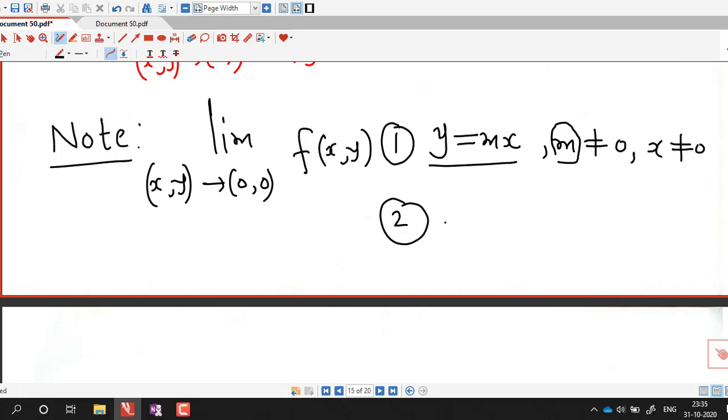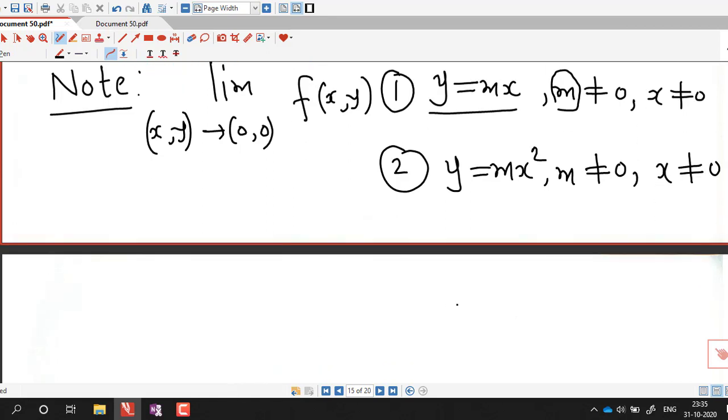Now if the answer does not depend on m, then we will check along y equal to m x square, which is a parabola, where m is non-zero and x is non-zero. If the limit depends on m, then the limit does not exist.